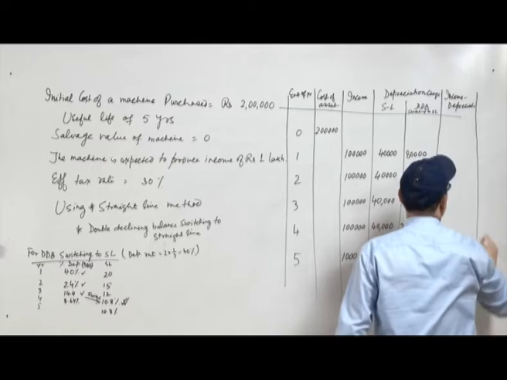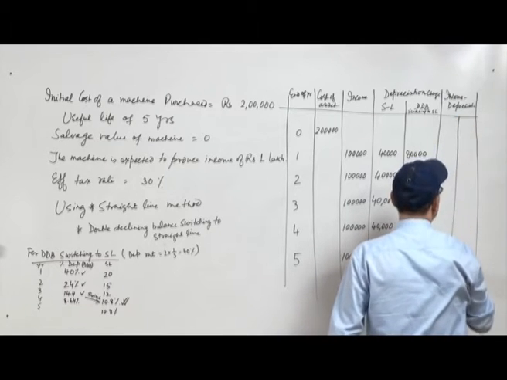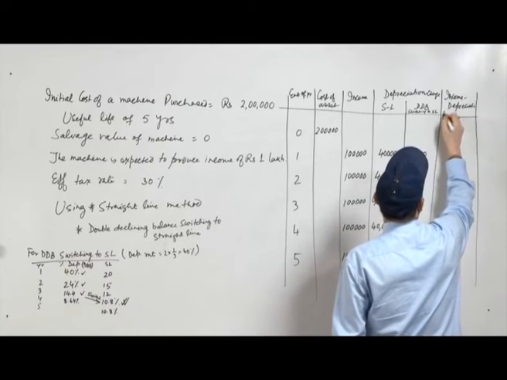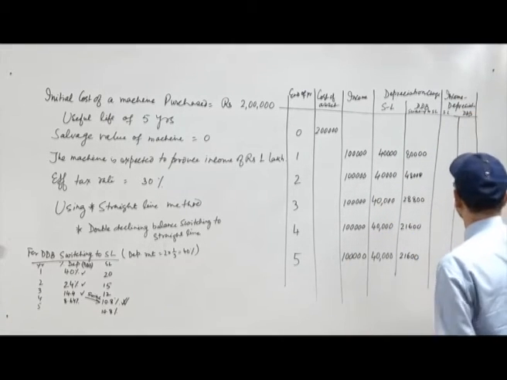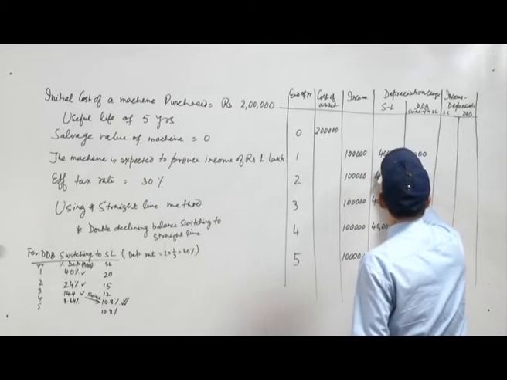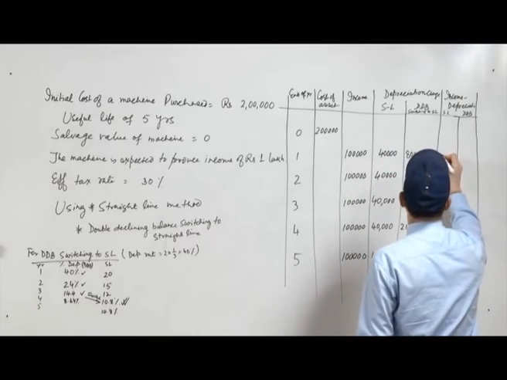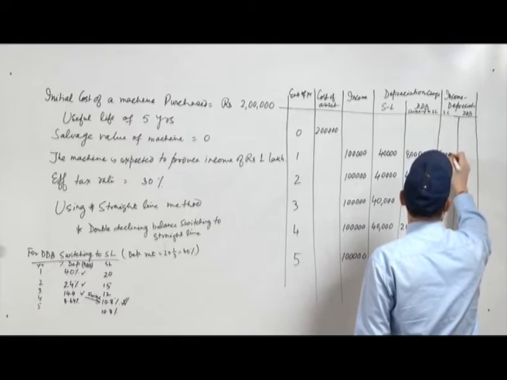So, the value using SL and using DDB switching to straight line. Now, in this case, using the straight line, this comes out to be 60,000.